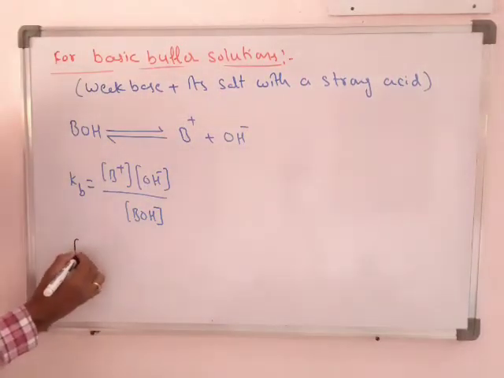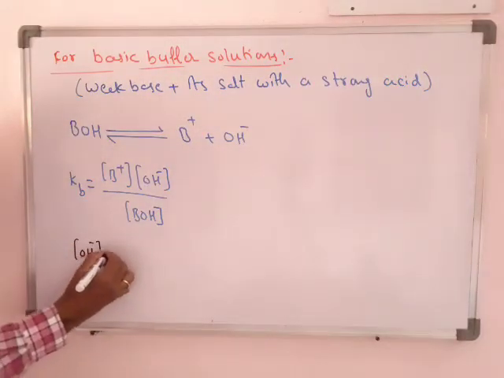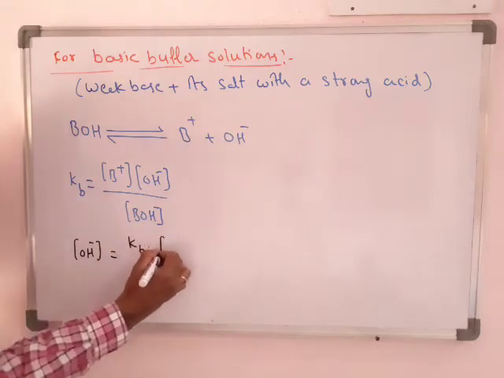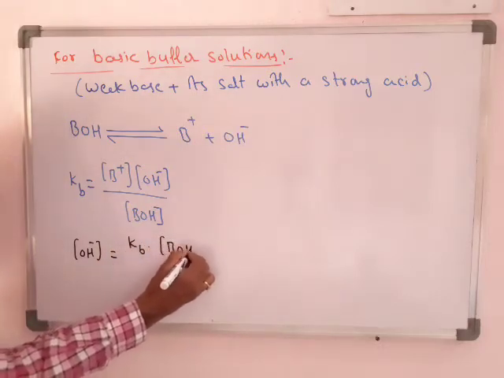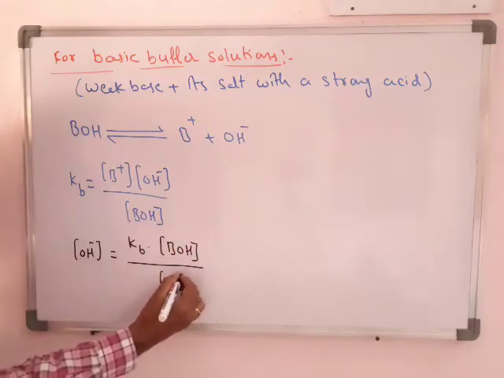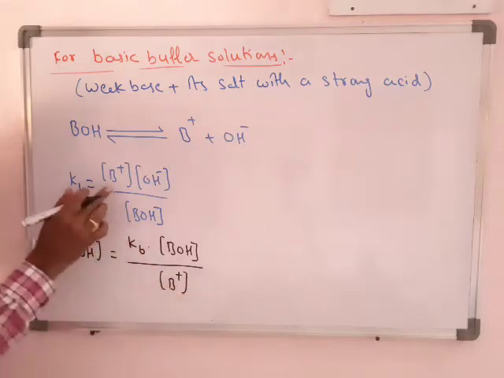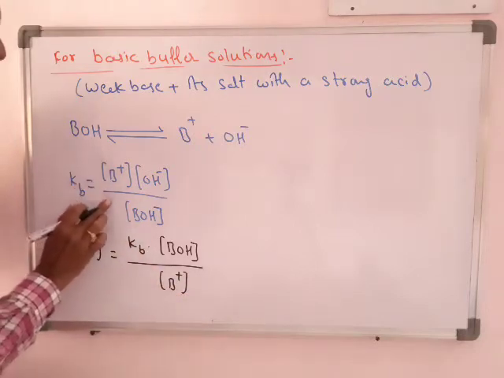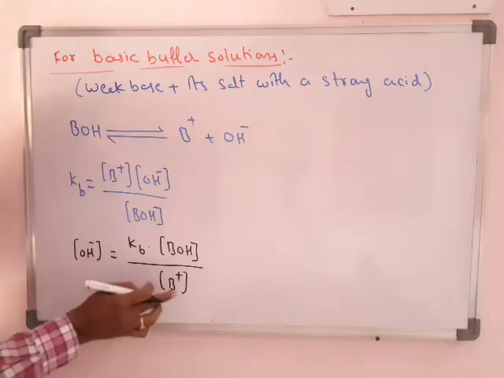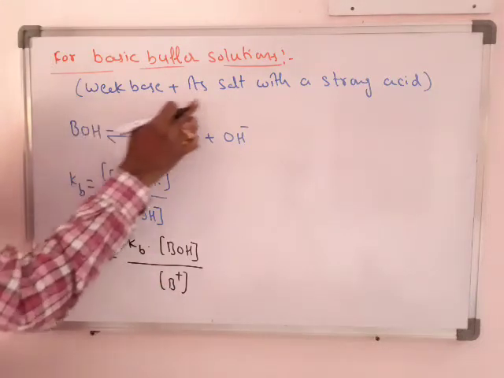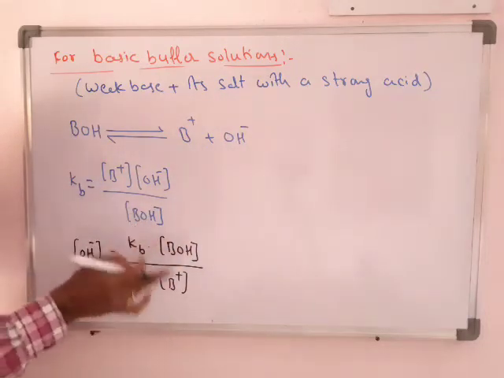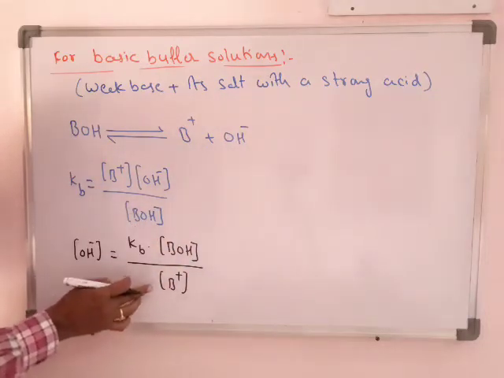So now we have to know the OH minus concentration. OH minus concentration is Kb into BOH, the weak base concentration, by B plus. Actually B plus here is obtained from the base. So this B plus ion is also present in its salt. For a salt formed with a strong acid, B plus ion will compulsorily be there.